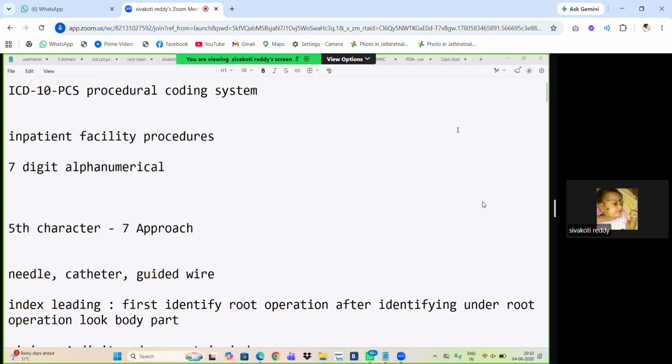Based on the facility setting, you will get the procedure code. If they performed the procedure in an inpatient facility setting, you will get the PCS codes.